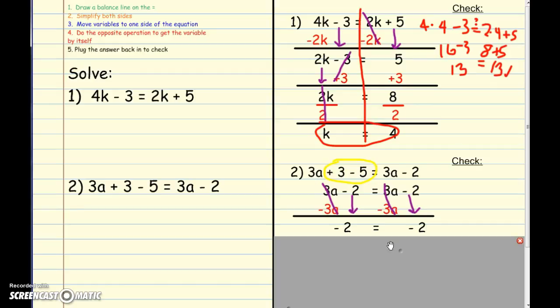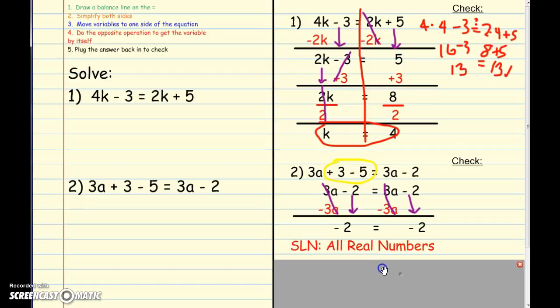Thinking back to what you learned last year, do you remember what we call this when we get the same number on either side? If you are thinking that the solution is all real numbers, you are absolutely correct. Basically, that means you can pick any real number that would make this true.